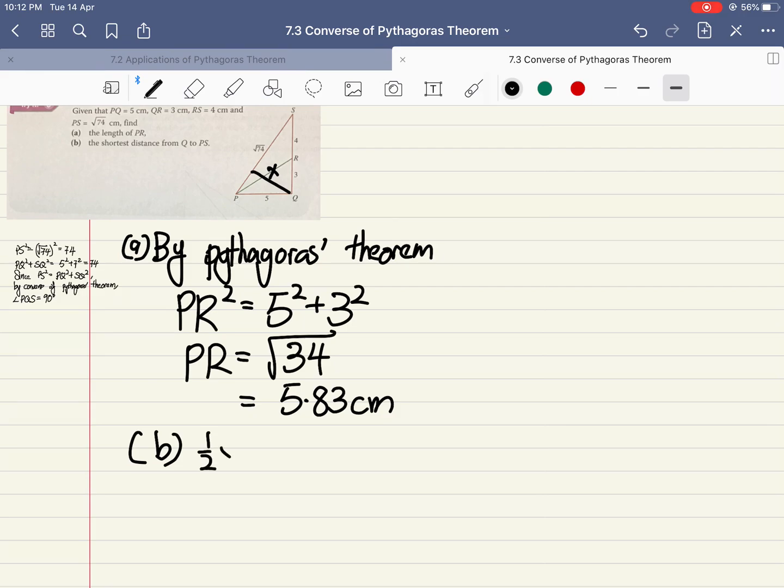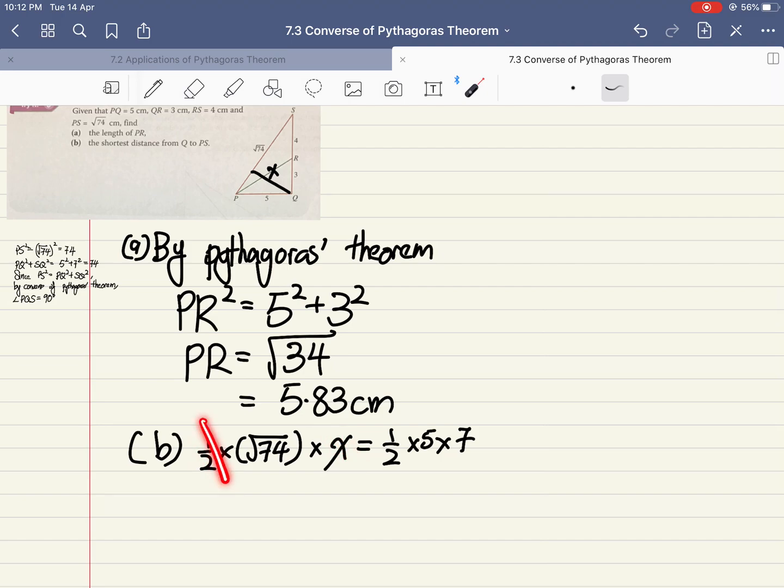Since the area of the triangle can't change, I will say that half times square root of 74 times X is equals to half times base, which is 5 times 7. So I can eliminate the half straight away.